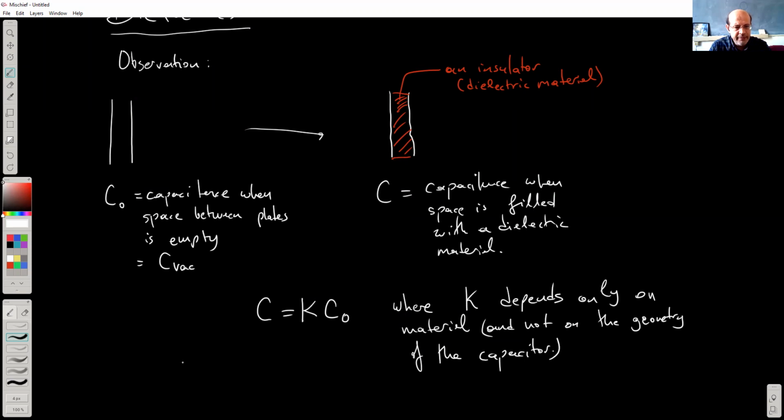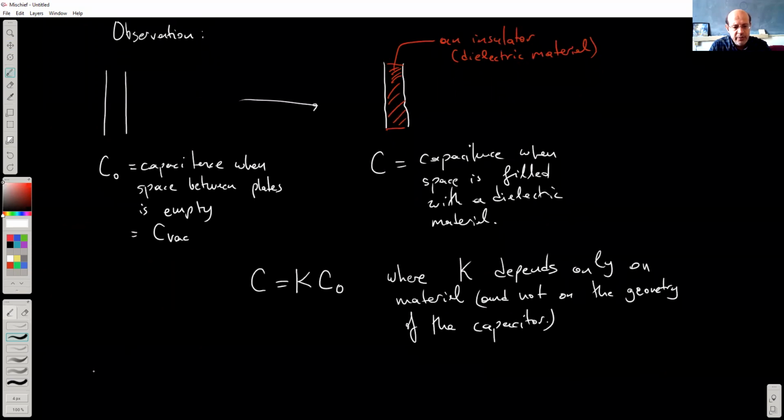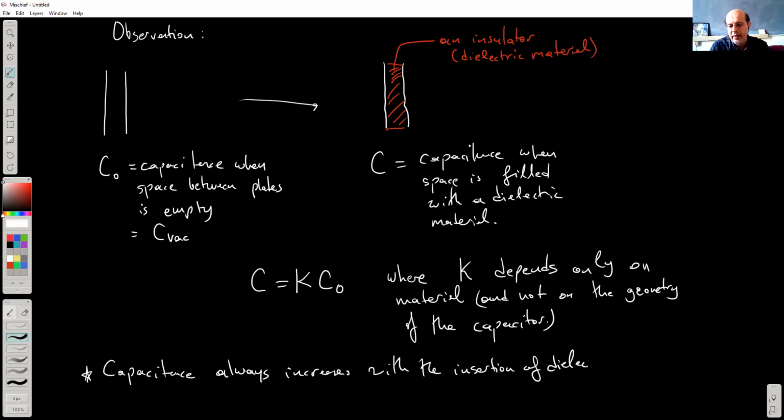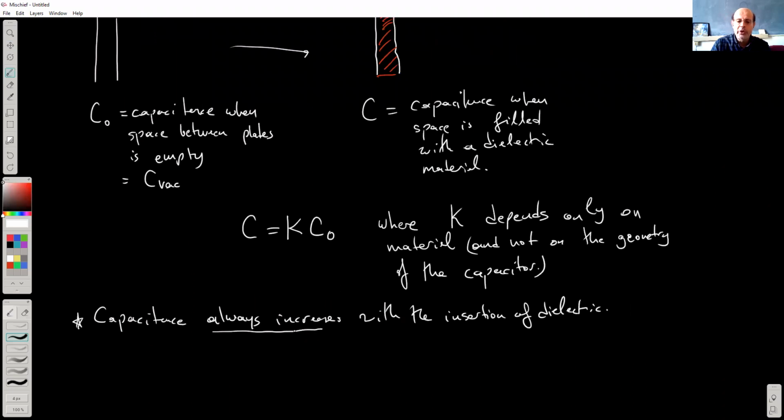All right, I think I didn't do this. So first of all, I should have explained this correctly. So capacitance always increases with the insertion of dielectric. So that's the first thing. It always increases. It never decreases. Moreover, it always increases with the same ratio, where that ratio depends only on the material.